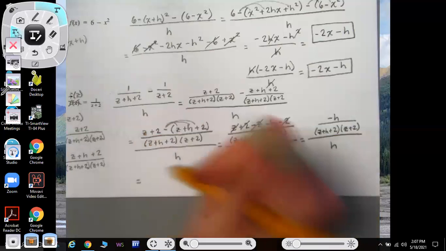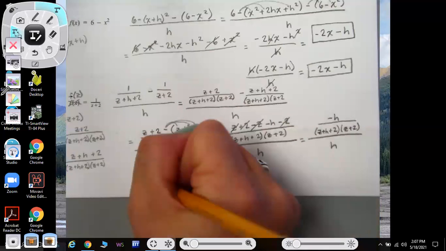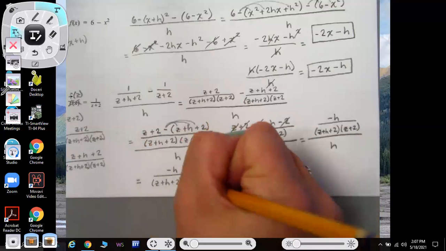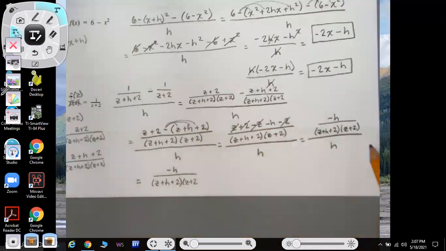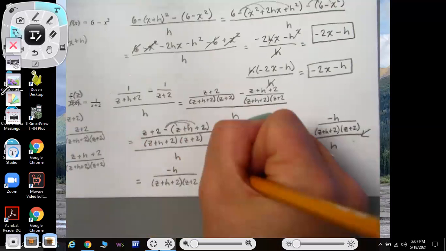So we're going to do that. Our numerator stays the same, negative h over z plus h plus 2 times z plus 2. But we're changing this division to multiplication. And instead of h, now we have 1 over h.